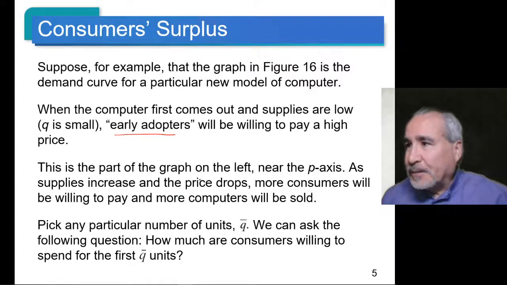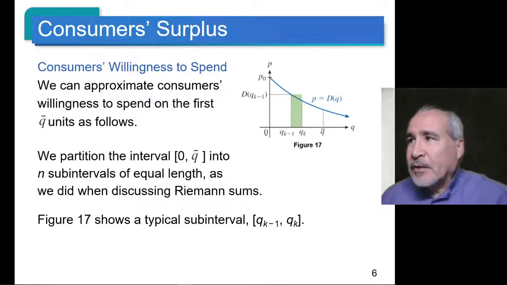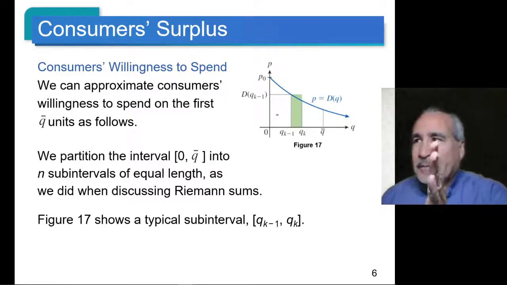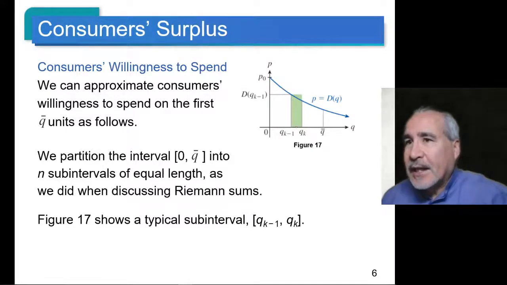Okay, so let's go to the graph. I always like explaining on the graphs first. This is here for you to read to understand a little bit more. So what it's saying is to find the willingness to spend at some price, Q, we can use Riemann sums, because remember, area under the curve, if you just have one point, doesn't really have any area; you need two points to get area.